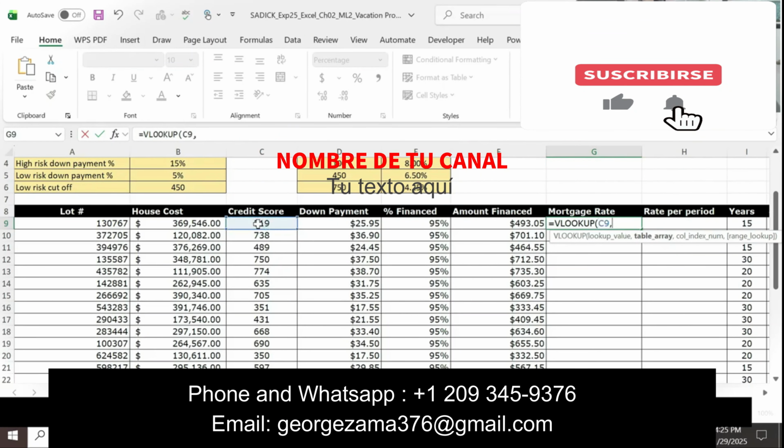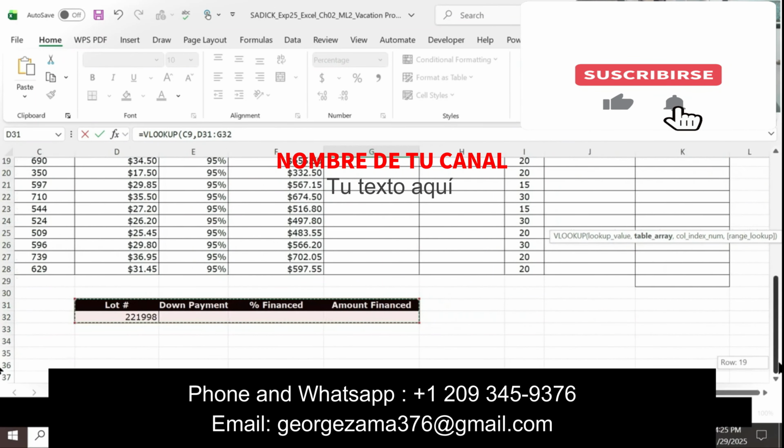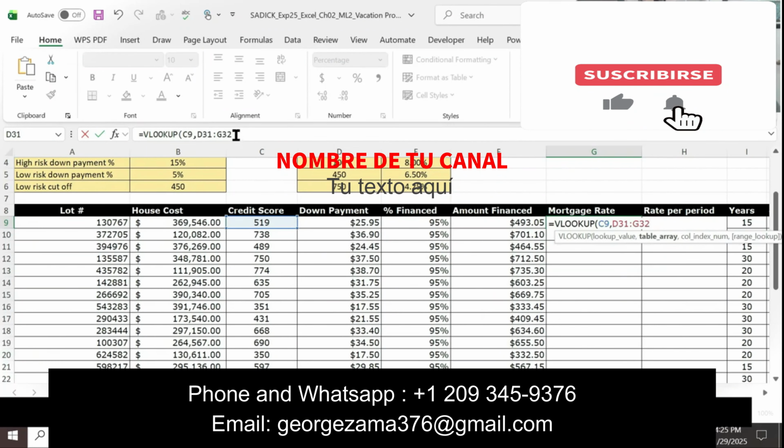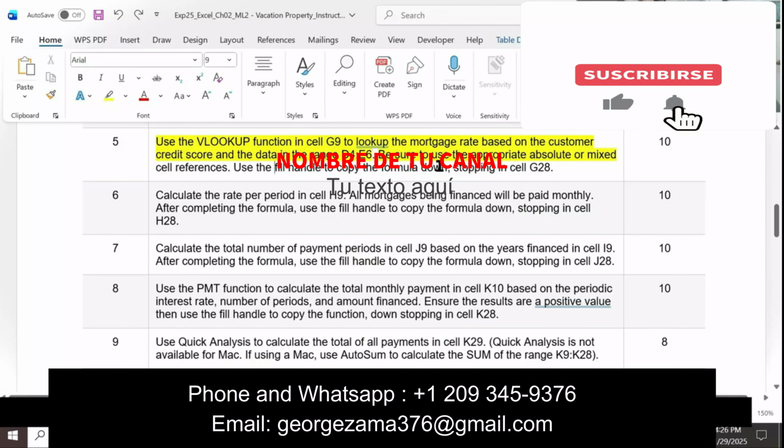Then in table array, the table array is here. This table array we have to pass, then we have to make that absolute. Then be sure to use appropriate absolute or mixed cell reference.